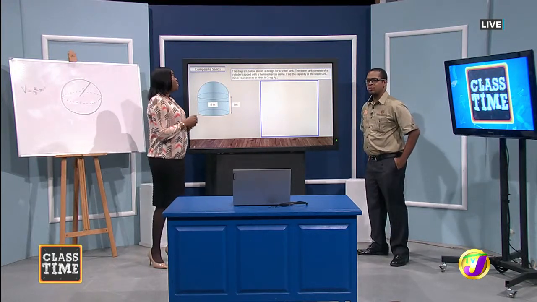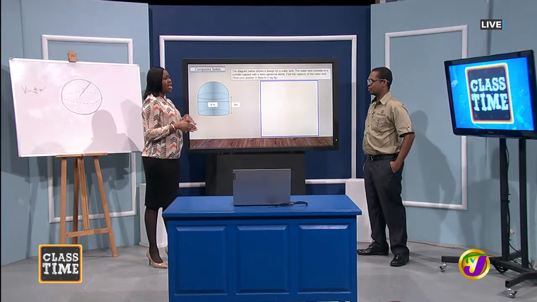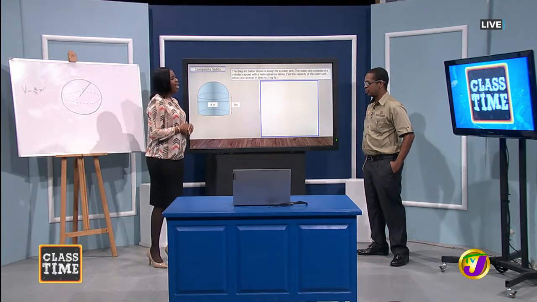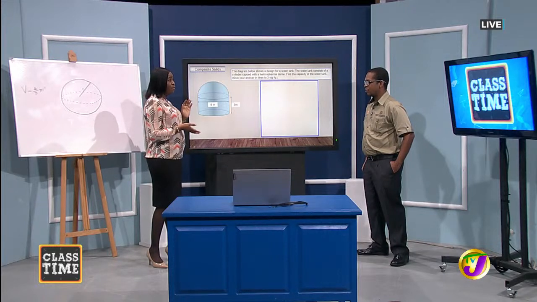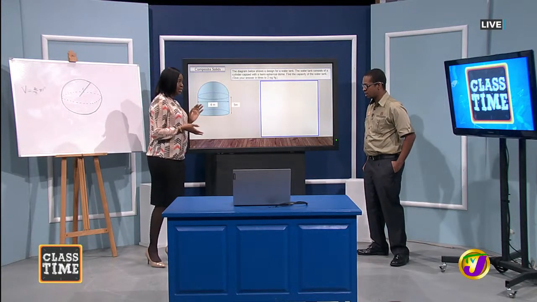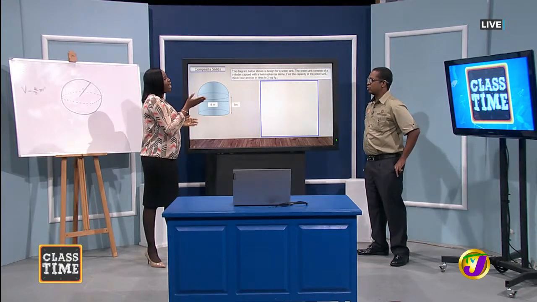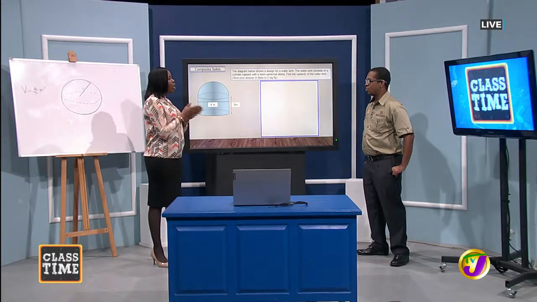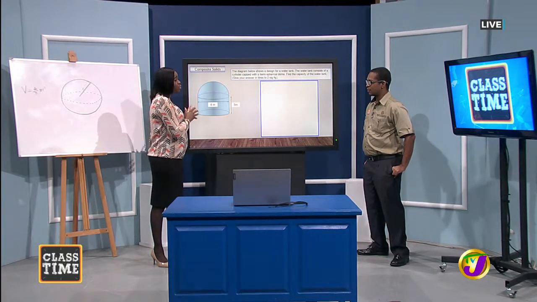Based on our exploration, we realized that if we take the area of the uniform cross-section and multiply that by the height, we will get the volume of the prisms. We also explored and realized that the pyramids are 1/3 the volume of the prisms.